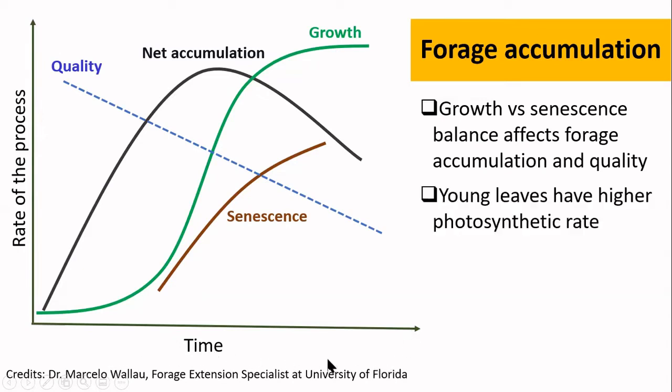So all these processes are natural, and the plants have a specific lifetime, a specific life length for the vegetative portions, and after that, it's a natural process that the leaves will start to senesce.